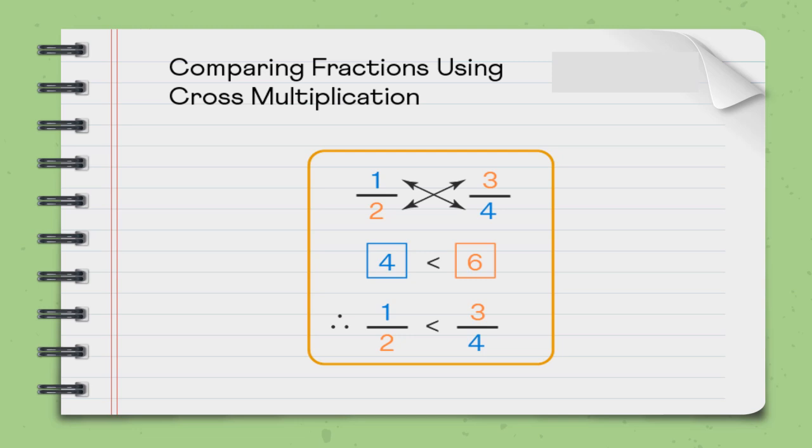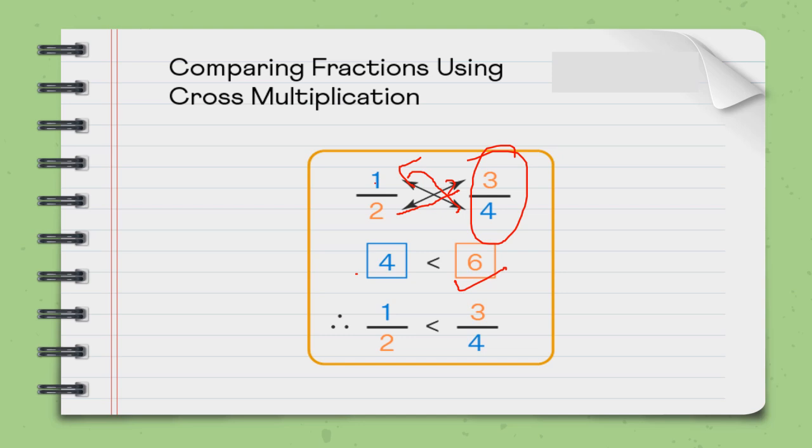For example, if I'm going to compare 1 by 2 and 3 by 4, and I need to understand which is the greater fraction, I multiply 4 with 1 and I multiply 2 with 3. Multiplying 4 and 1 becomes 4, multiplying 3 by 2 becomes 6. So 6 and 4 I'll compare. Since 6 is a bigger number, I would say 3 by 4 is the bigger fraction. Okay, so it's very simple. You can cross multiply, then compare and decide which is the greater fraction.